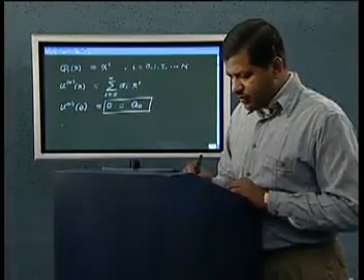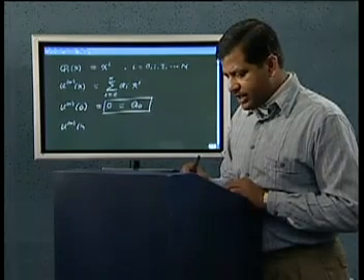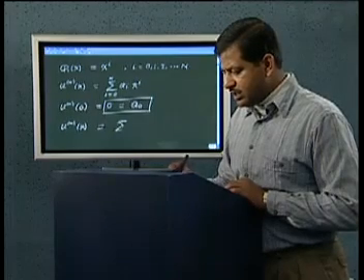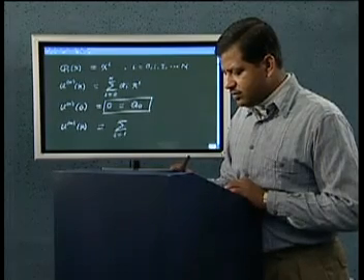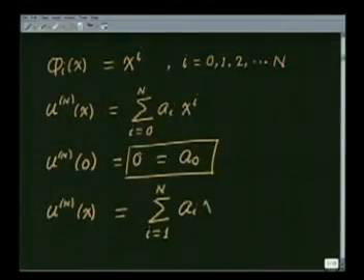After enforcing the constraint at the point x equal to 0, we will get a series i is equal to 1 to n ai x to the power of i, because a0 has been determined from the boundary condition.